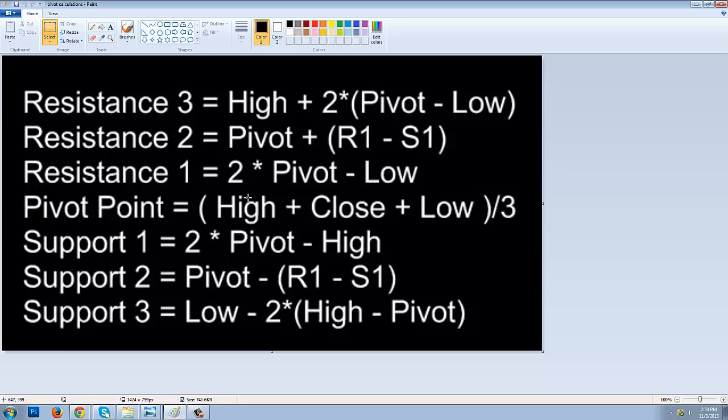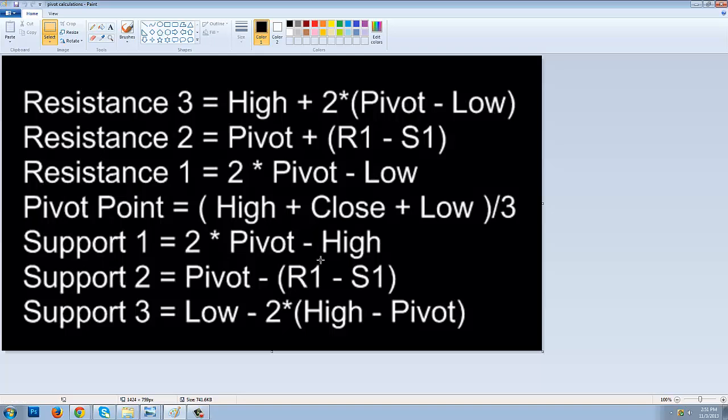You calculate all these lines, or there is a website where you give the high, the close, and the low, and it gives you all this stuff ready made, just to make it easy for you.